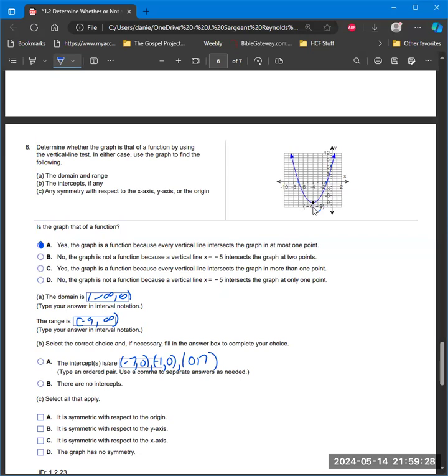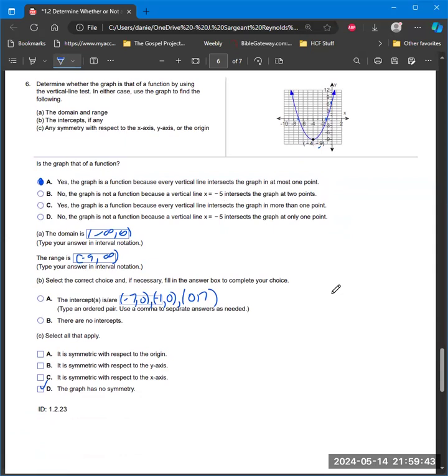Okay. It's not symmetric about the x-axis, y-axis, or origin because of the translation that's happened. It's been shifted left and down from its original parent graph. We'll talk more about that in future sections.